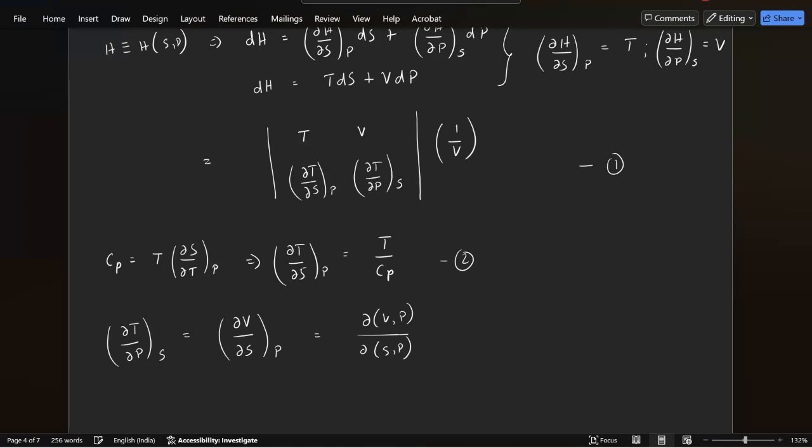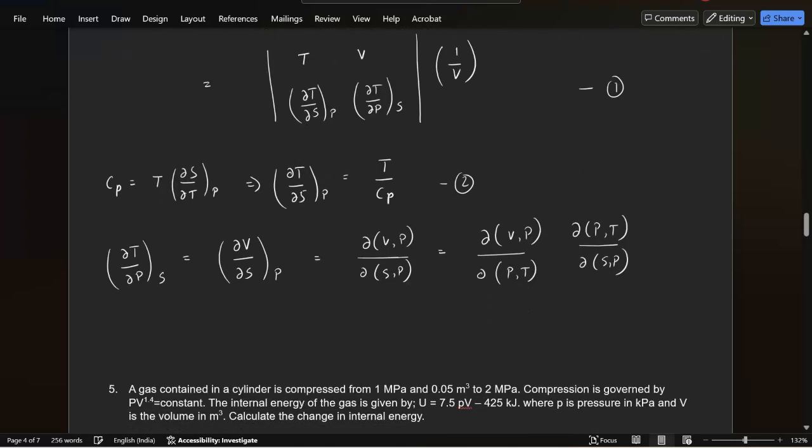I'm just writing it as a Jacobian. Then we'll use P and T. P and T, here also P and T. So again, we'll have to invert it.